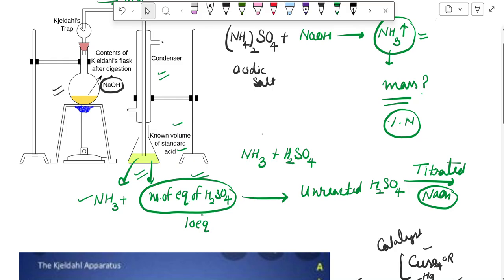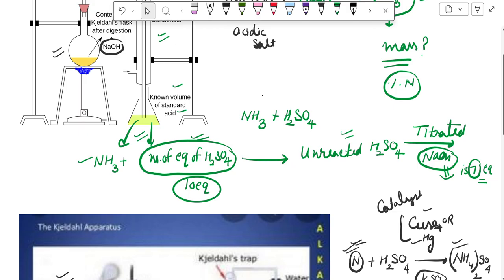So suppose we are taking 10 equivalents of H2SO4. The unreacted H2SO4 is titrated with NaOH, and in the titration the number of equivalents of NaOH used is 7. So it means the number of equivalents of unreacted H2SO4 was also 7.